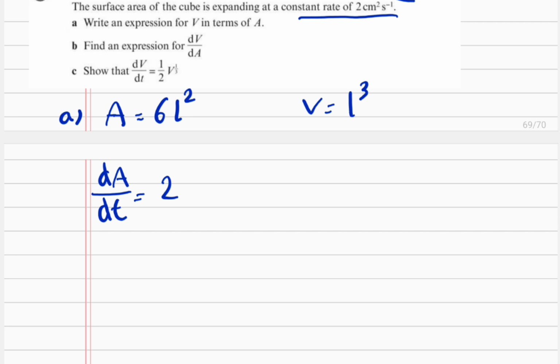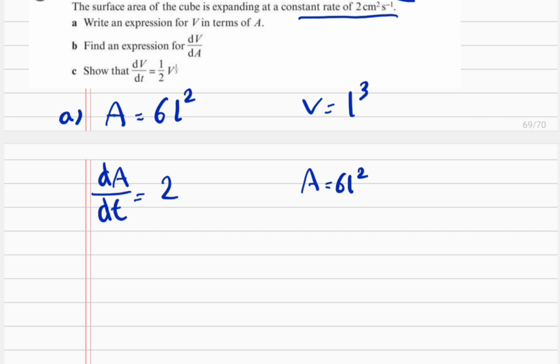Now part A is not even about forming a differential equation, because if you want to write V in terms of A, it's just basic algebra, right? For example, A is equal to 6L squared, we know that.